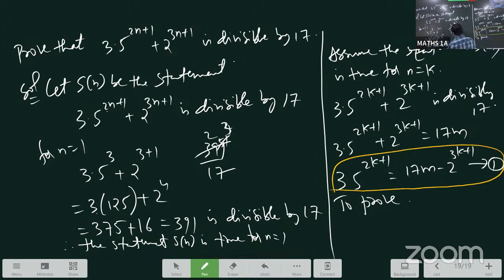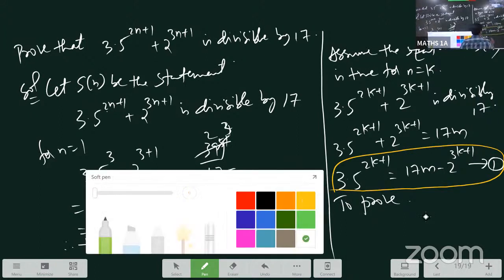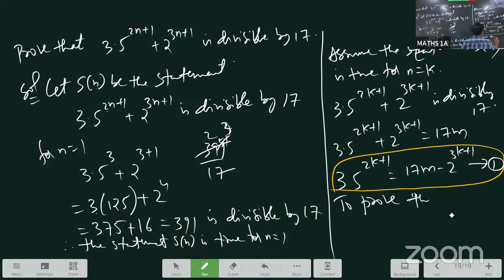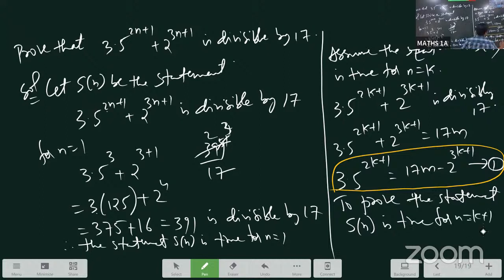Is it clear? Now to prove the statement S of n is true for n equal to k plus 1. For n is equal to k plus 1. Okay, right. So instead of n, you put k plus 1.